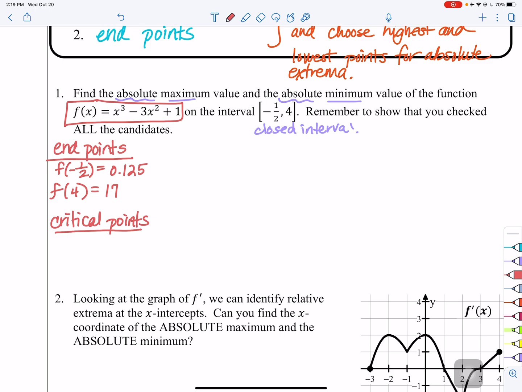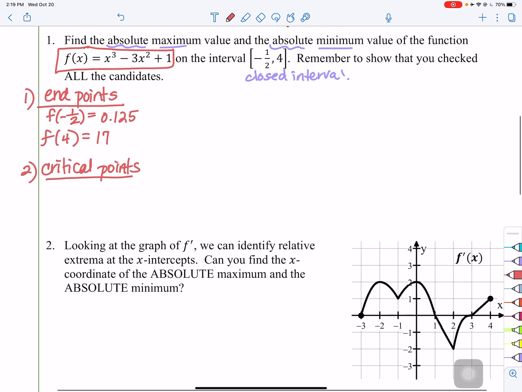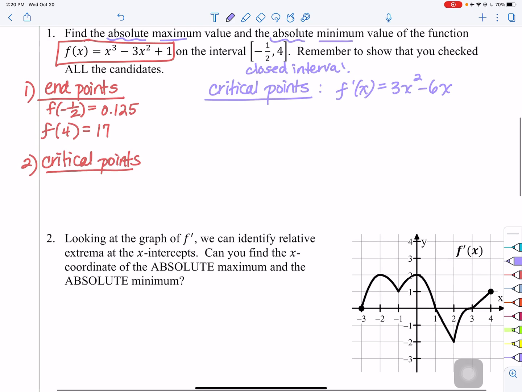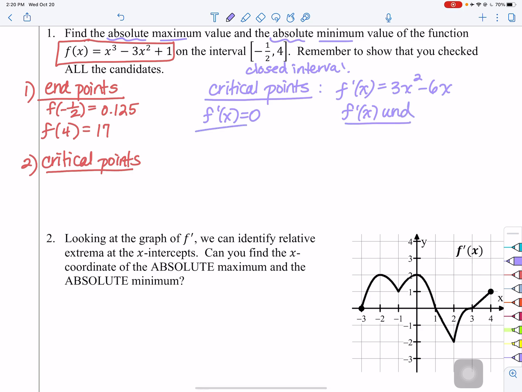Okay, so now we need to find the critical points so that we can find those y values. So coming over here and finding the critical points, I need to first find f prime of x, and that is 3x squared minus 6x. So we want to see where f prime of x is equal to 0 and where f prime of x is undefined. Now, since we have a polynomial, f prime is defined everywhere.